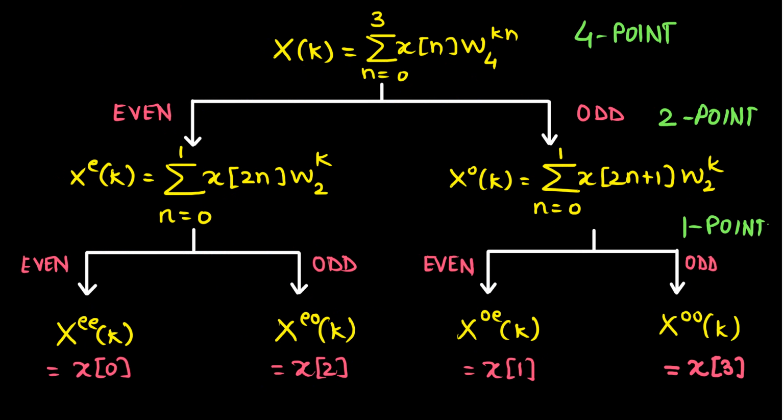At the end, when we have this 1-point DFT, we are just left with the initial signal value itself, which means that we can split the entire DFT sequence till we are left with a single point DFT, and this single point DFT is nothing but the initial time domain signal. And we know that we need to find this X of k from this given sequence.